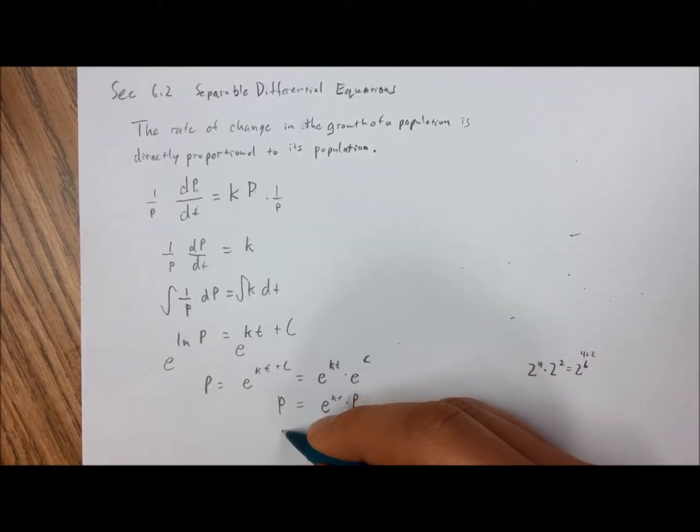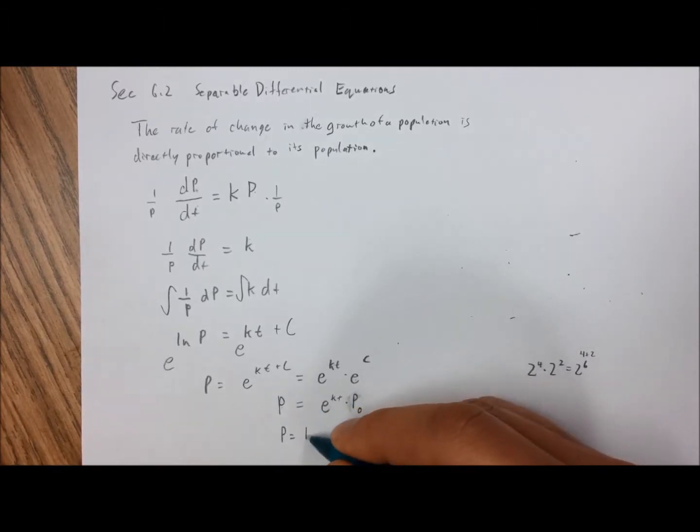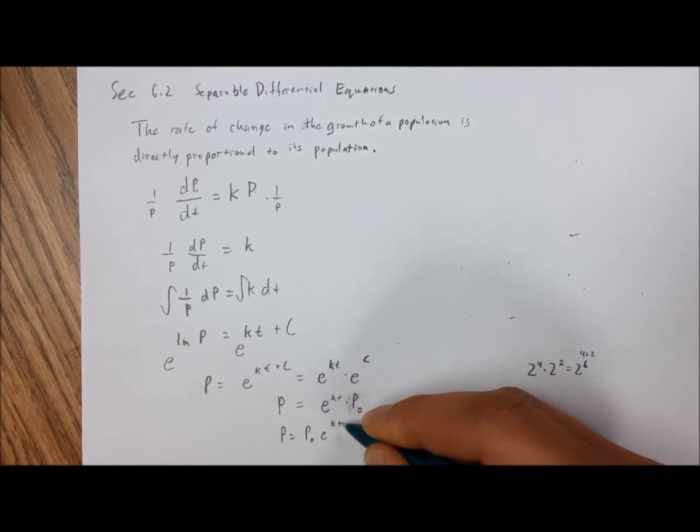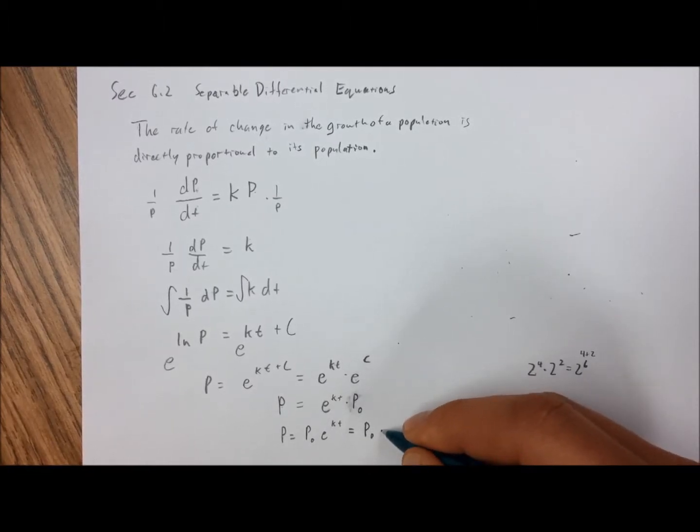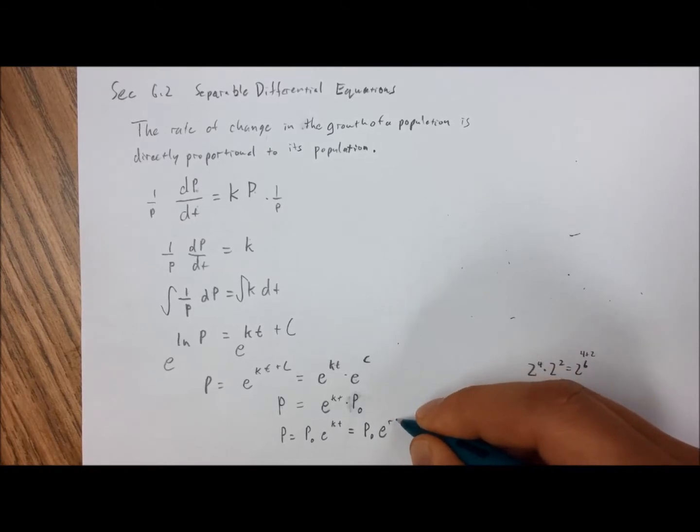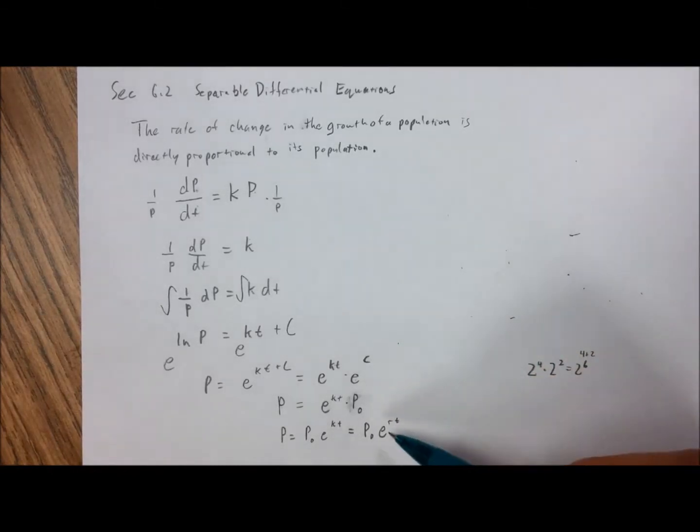Well, you may recognize this slightly differently. The starting population times e to the kt. What if we replace that k with an r? It would be the starting population e raised to the rt, or our good friend PERT.